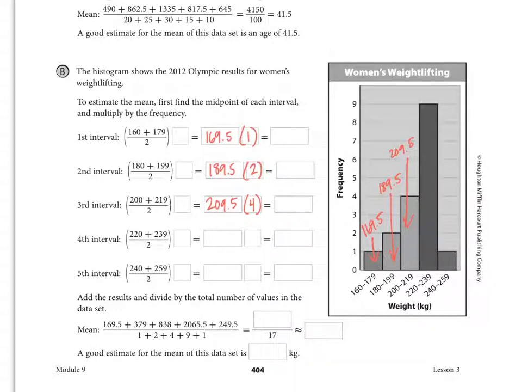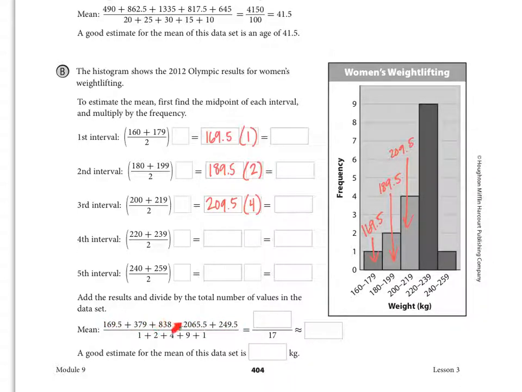If I do the same thing with the 4th interval and the 5th interval that you see here on the left side, all of these 5 numbers, I'm going to add them together. And you'll actually see them right down here, 169.5 plus 379 plus 838 plus, and so on.